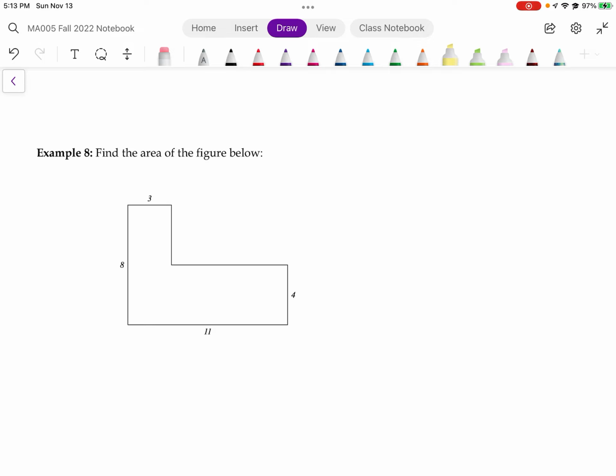All right, first let's find, I guess, this one here. If the total height is 8 and this is 4, that means that this here must be 4. Right, so I'm going to erase some of that. All right, the other way. Let's break this up and think about this side right here.